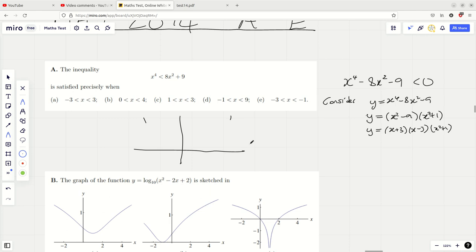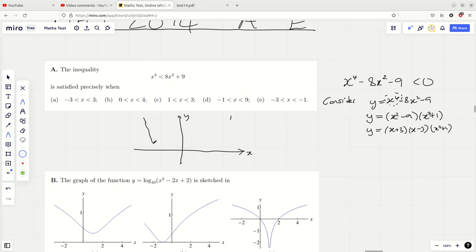How do I know that? I look at the dominant term. When x is positive, x to the power 4 is very large and positive. So you know that when x is up here positive, y should be up there positive. And likewise, when x is negative, you're going to get a positive value from x to the power 4. I mean like minus a million, when you do to the power 4, you've got a very big positive number, and so it ends up there.